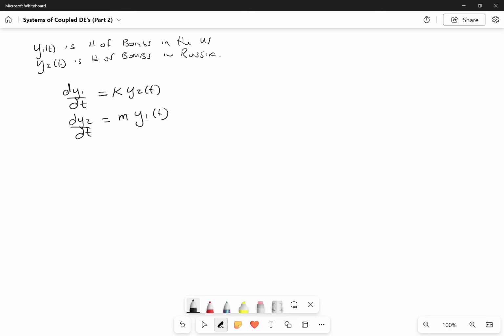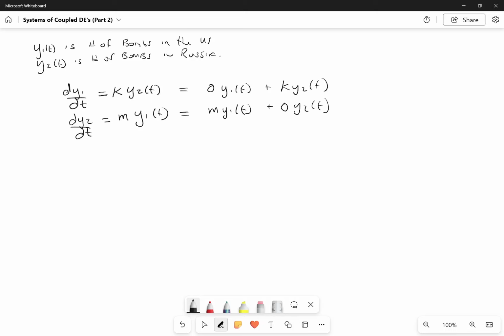Okay, so this is our system of differential equations, and we can write this in matrix form. Just to show you how it's in matrix form, it's equivalent to 0 y1 of t plus k y2 of t, equals m y1 of t plus 0 y2 of t.